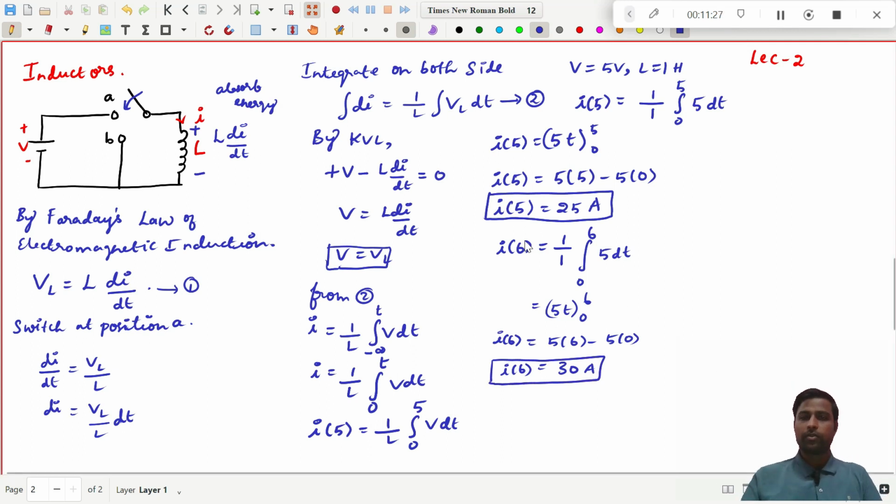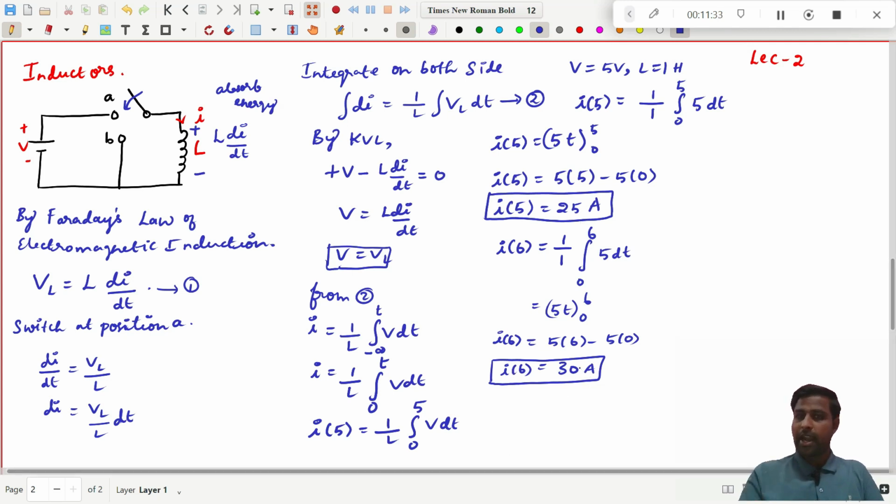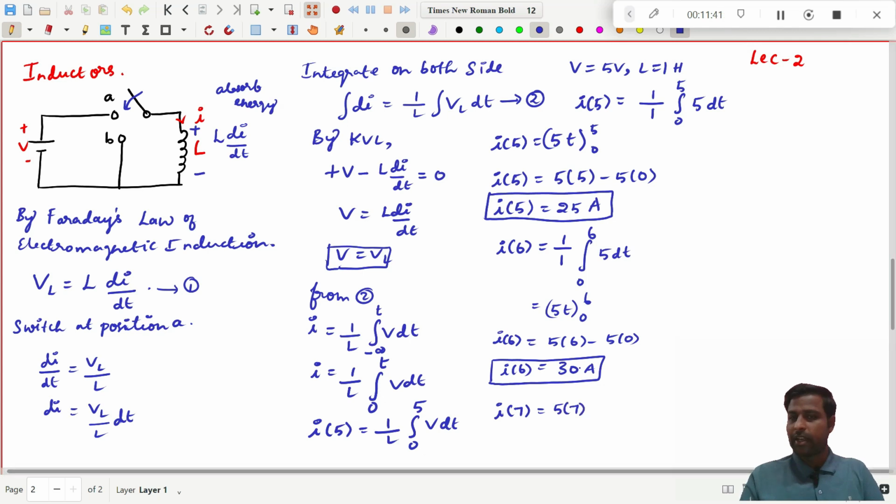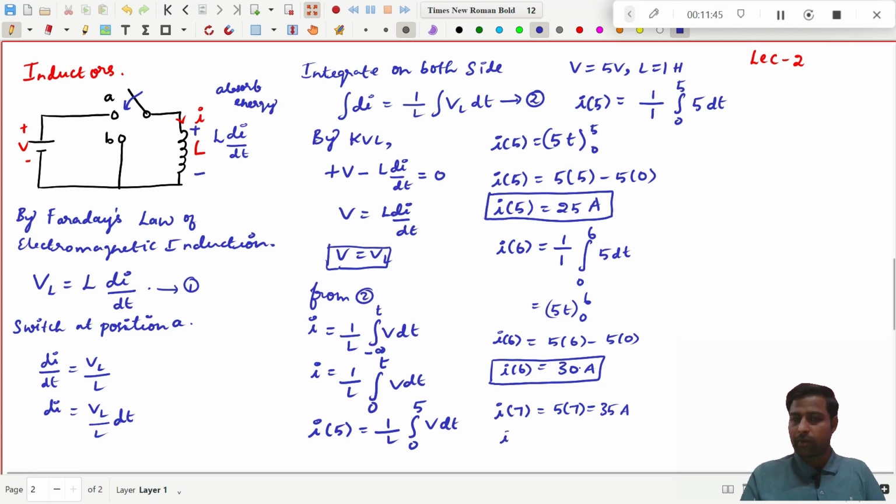So now you see I at 5 seconds is 25 amperes. I at 6 seconds becomes 30 amperes. And if you find I at 7 seconds, it becomes 5 into 7, that is nothing but 35 amperes. And if you want to find I at 8 seconds, it becomes 5 into 8, that becomes 40 amperes, right?